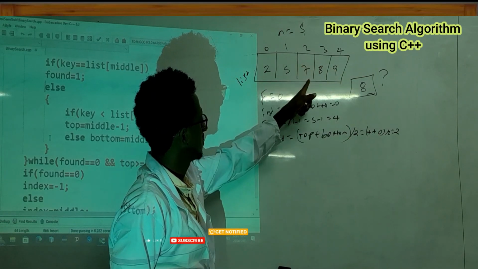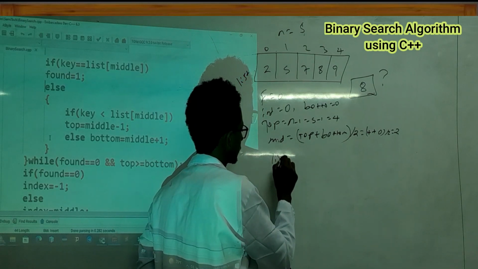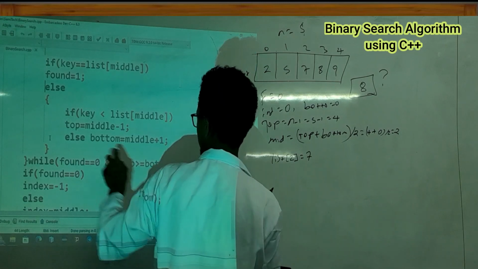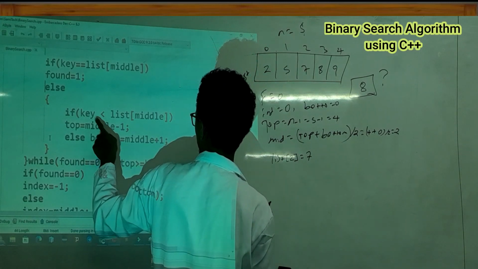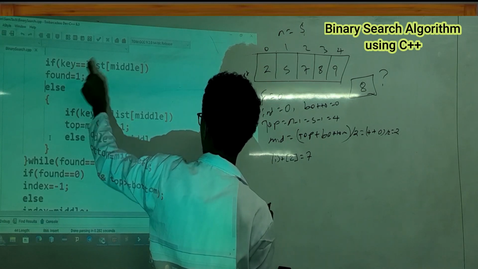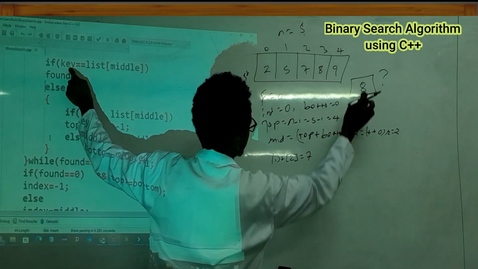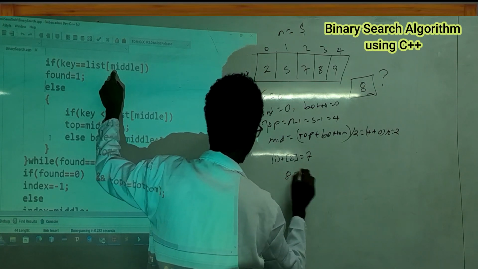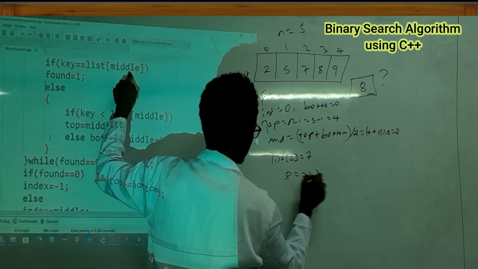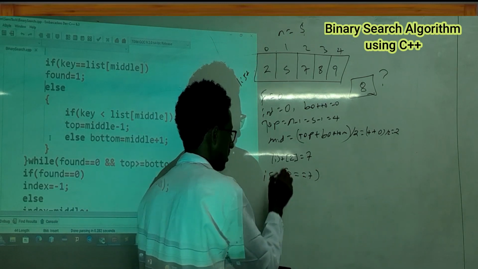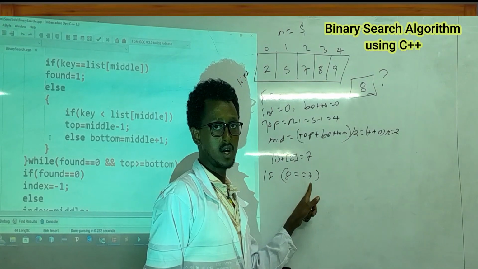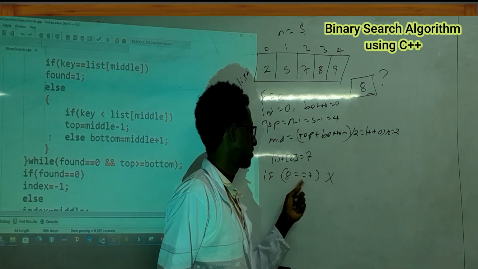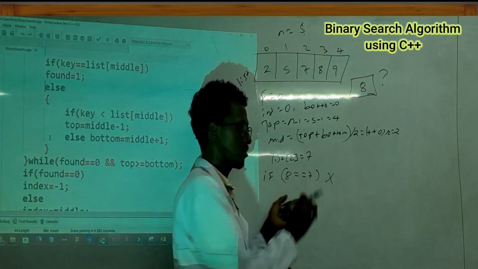List of 2 is equal to 7. So 8 is the key. If 8 is equal to list of middle, meaning 7, is this true? If this is true, the target is found. But unfortunately, this is wrong. 8 is not equal to 7.